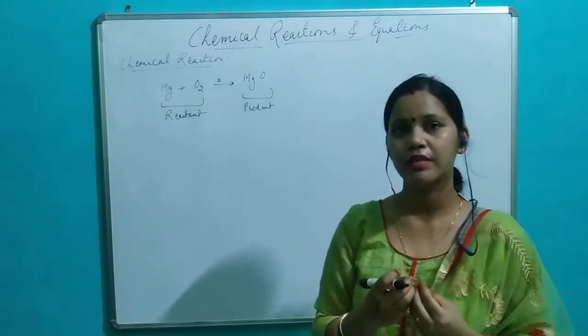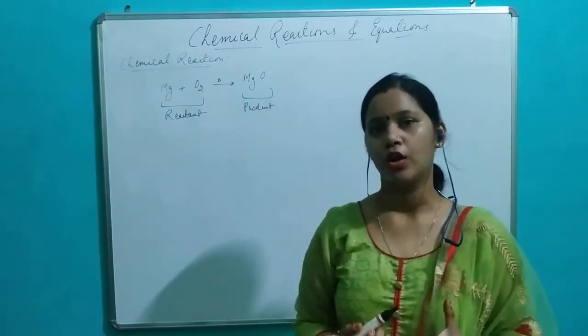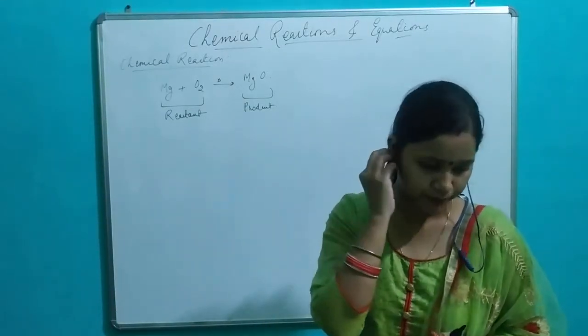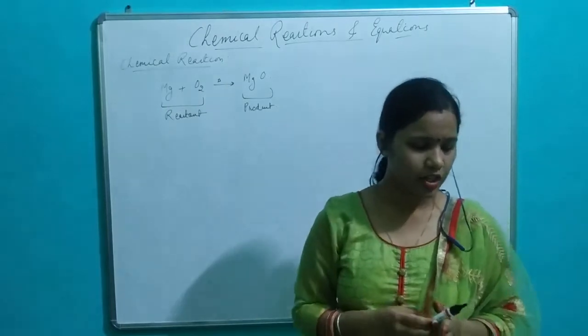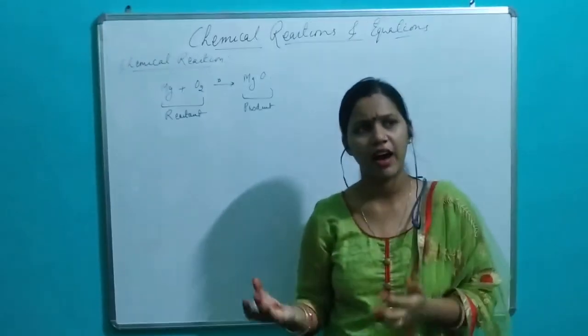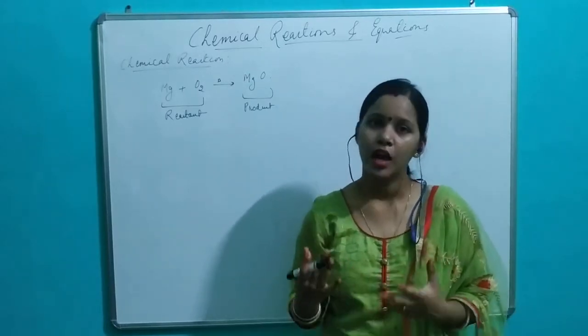It burns with a white glow, and you can see the white ash of magnesium oxide. So this is an example of a chemical reaction. Other examples from our day-to-day life are souring of milk, cooking of food, rusting of iron, and digestion of food. All these are examples of chemical reactions.